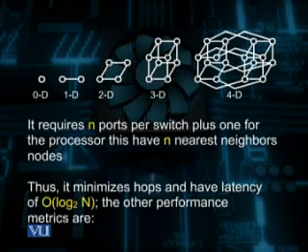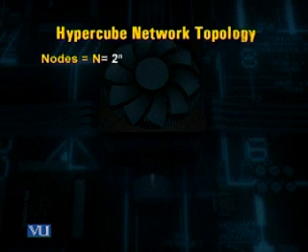Thus, we can say that it minimizes hopping and it has latency of order log of N to the base 2. Here, the other performance metrics are that a hypercube has number of nodes equal to 2 raised to power n, where small n is the level of n-cubes and capital N is the total number of nodes.